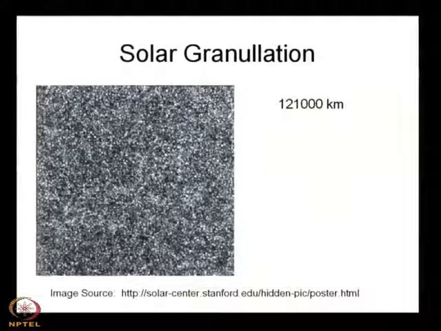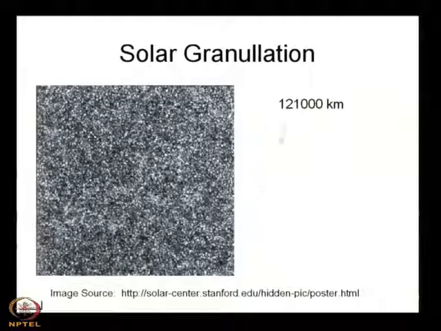This is a picture of the solar surface, and you see these granules, this granular structure on the surface. This picture is an extremely large region. In absolute terms, it is 121,000 kilometers across. So, this side is 121,000 kilometers, and this side is 121,000 kilometers.